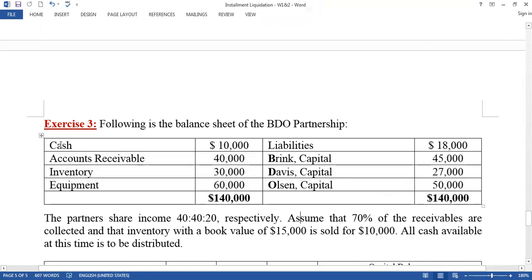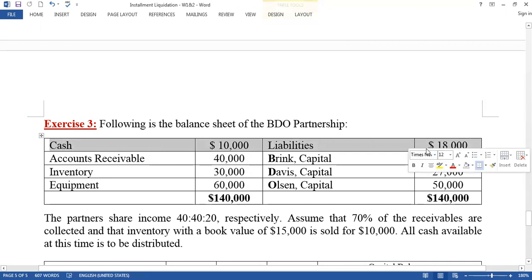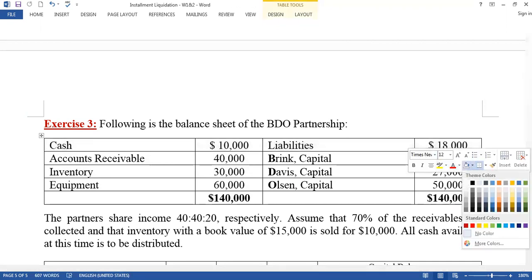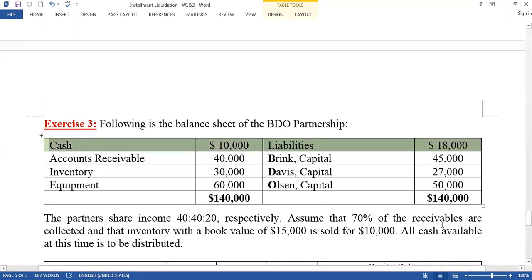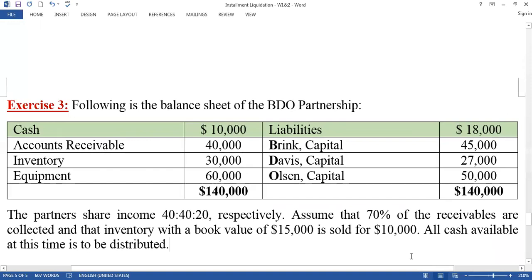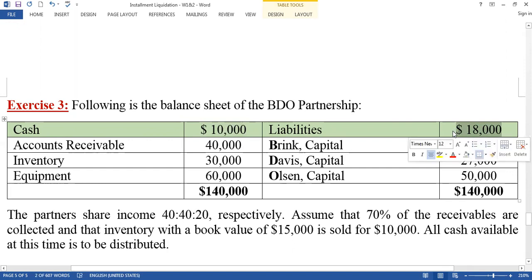Now, based on this information, if you compare asset and liability, what is the meaning here? Business cash at this moment is $10,000, but liabilities are $18,000. So the business does not have enough cash to pay the liabilities, right?